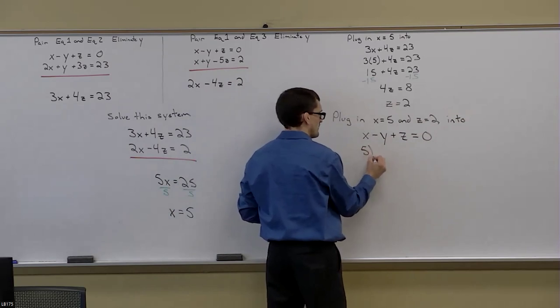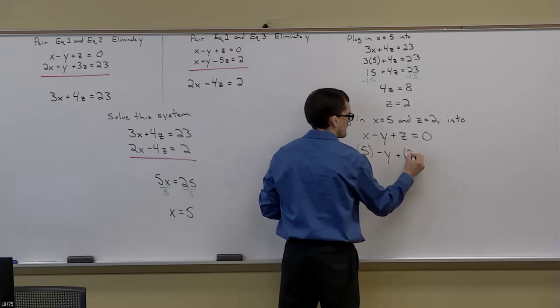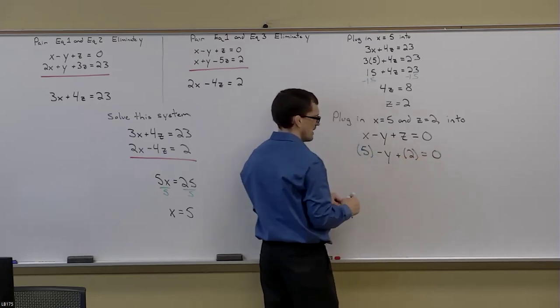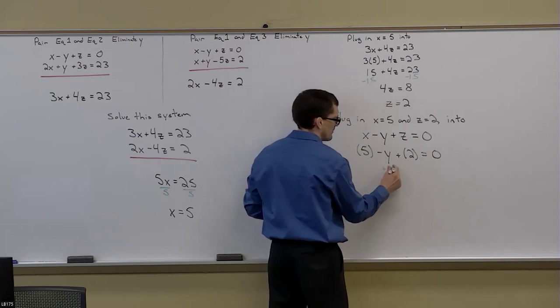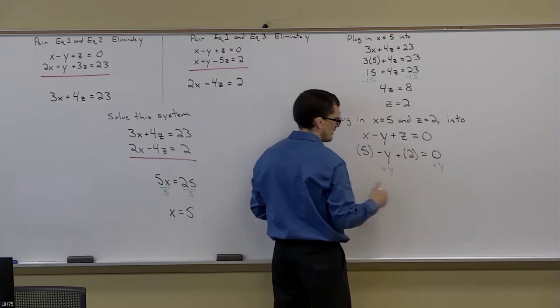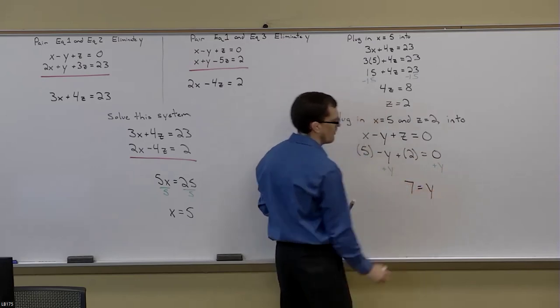So 5 minus y plus 2 equals 0. If I add y to both sides and then combine, I get a y of 7.